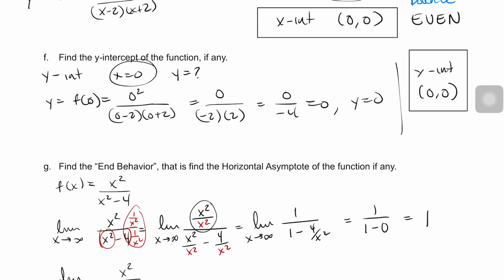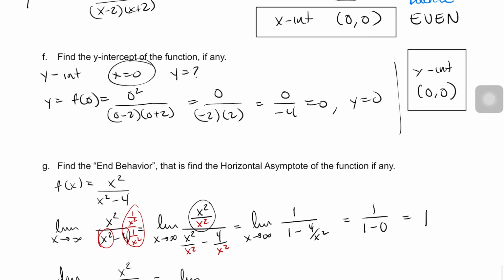With a similar argument, we can do this for x goes to negative infinity. Since we already did all the math for that, we can just reapply it here. There's no change, because when you plug in negative infinity and square it, you're still going to get infinity. So this is still 4 over infinity, which is 0.